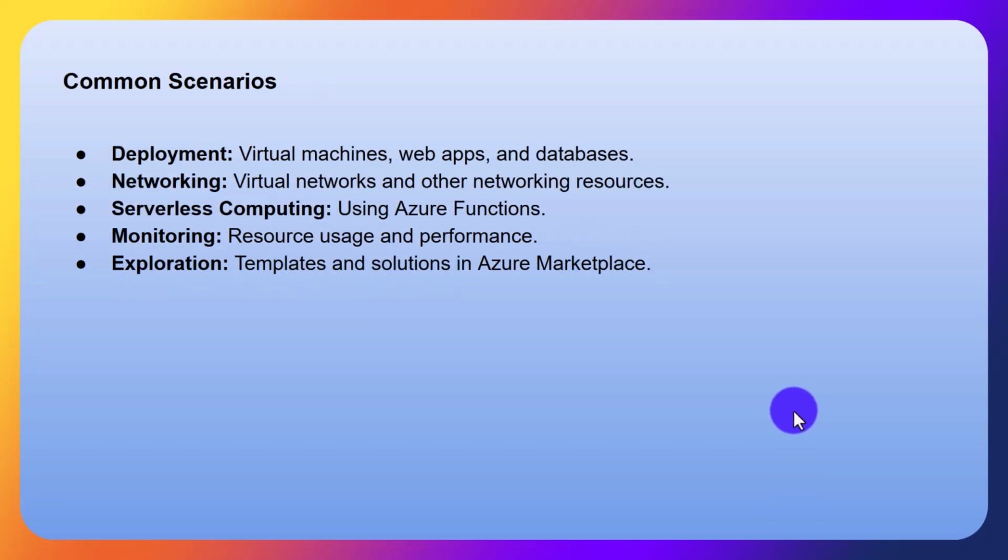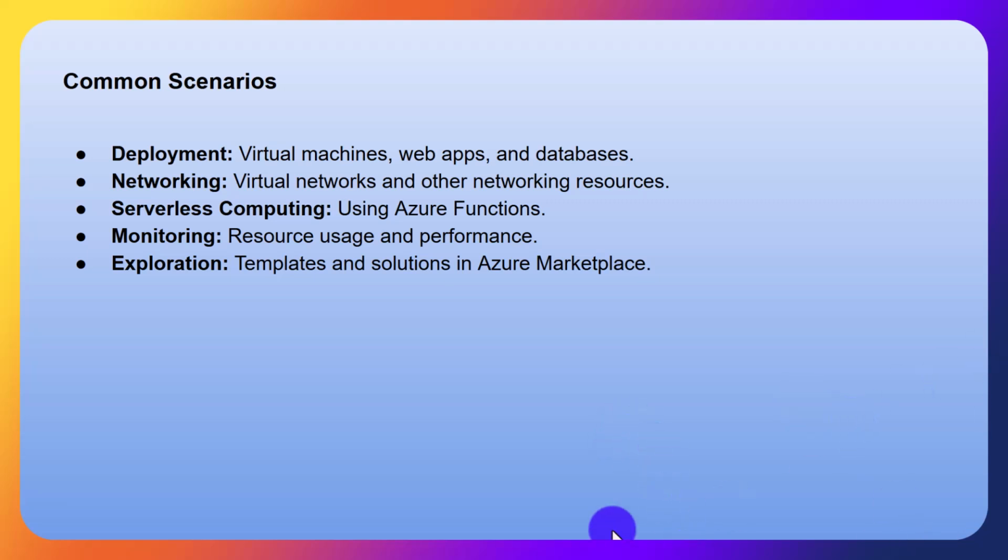Some of the common scenarios that Azure Portal offers is it allows for deployment. So you could use it to deploy your app services, your virtual machines, your database, and also it gives you the room for setting up your network configuration settings, creating serverless computing applications like Azure Function. Also, like I said earlier, you can use it to monitor spikes or monitor metrics of your resources in Azure.